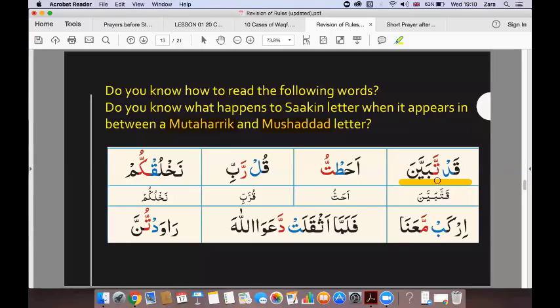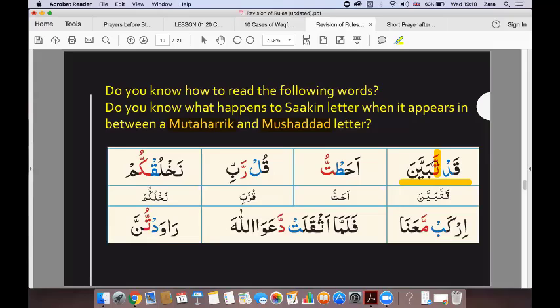What else can you see above the Ta? No Sukoon on the Ta. So this letter here, we've got the Shadda. What's above it? What's the sign here? Do you know what we call the stroke? It begins with an F. Do you mean the stroke or that W?